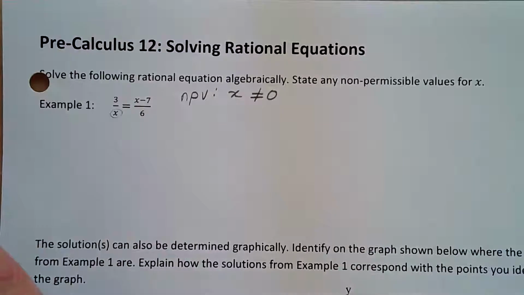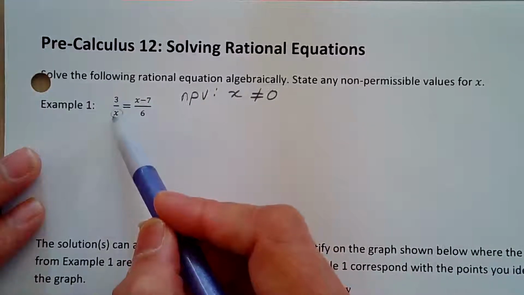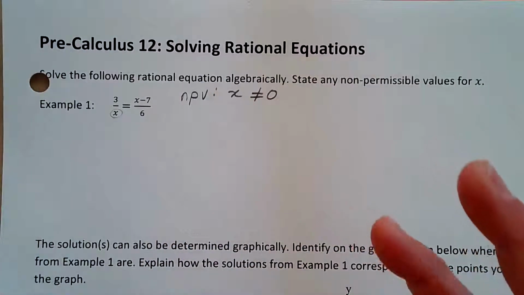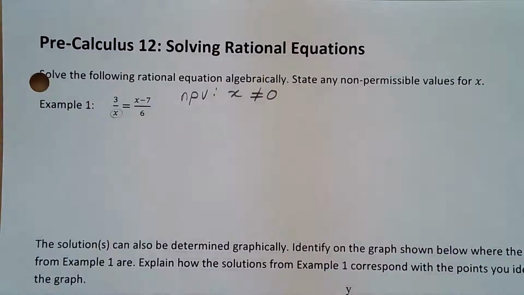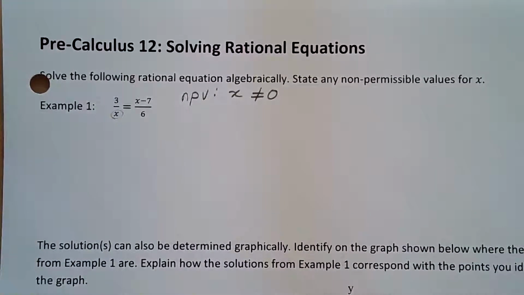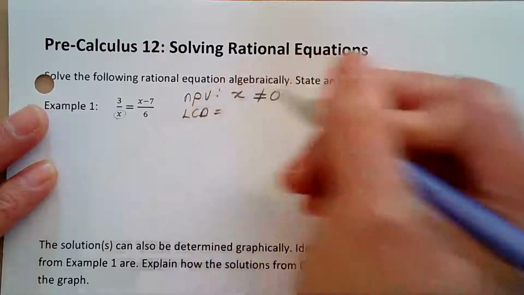Cross multiplication works if you have numerator divided by denominator equals numerator divided by denominator. It's not always the case that way. We have to get rid of the denominator by first multiplying with the lowest common denominator. So what's the LCD in this case?